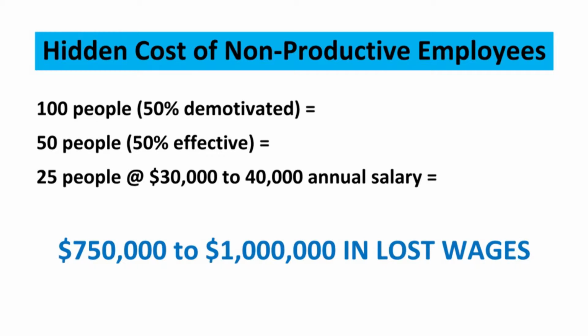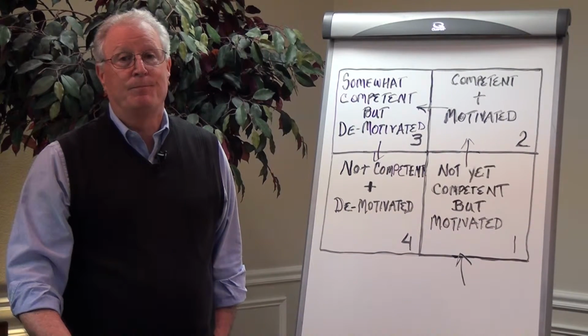When we put those numbers together, that comes to a cost of between $750,000 to $1 million that we're losing in wages for work that we're paying for, but we're not getting the results. That's a lot of money.